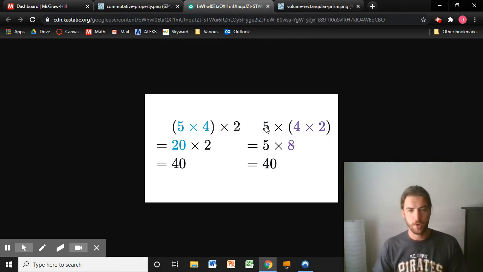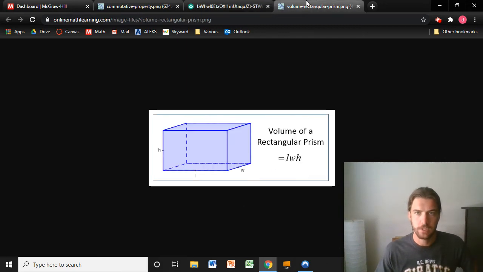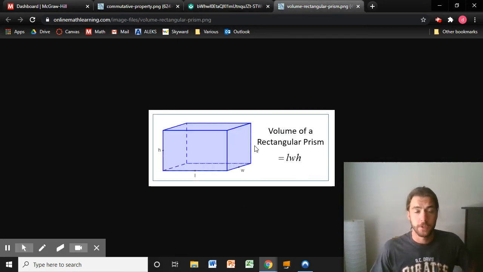The associative property means that if you have a string of multiplications, for example, it doesn't matter which order you do. 5 times 4 times 2 is the same as 5 times 4 times 2. I would look at that visually with a volume. So if I wanted the volume of this prism, it's going to be the length times the width times the height.